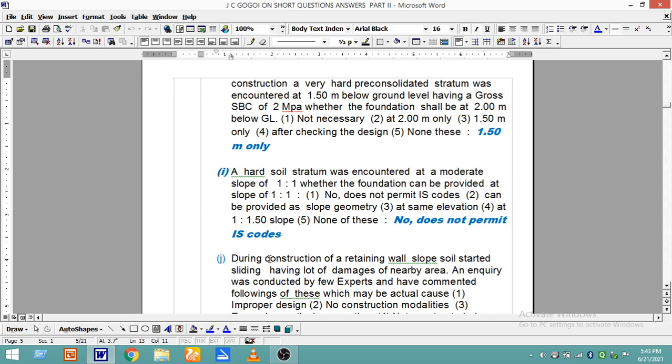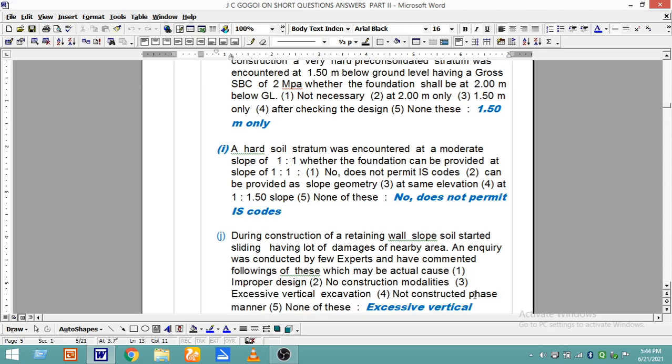Next is, during construction of a retaining wall, slope soil started sliding, causing a lot of damage to the nearby area. An inquiry was conducted by a few experts and commented the following, out of which one may be improper design.